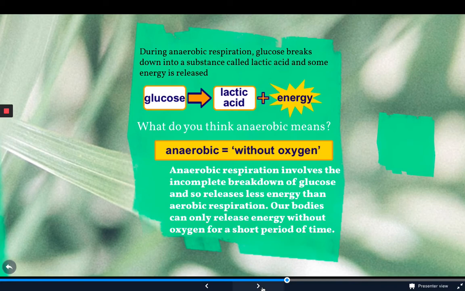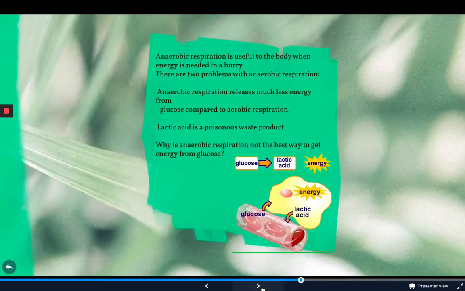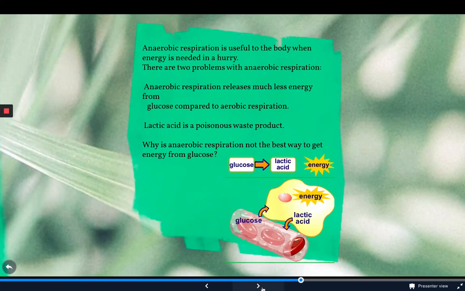What do you think anaerobic means? Anaerobic means without oxygen. Anaerobic respiration involves the incomplete breakdown of glucose and so releases less energy than aerobic respiration. Our bodies can only release energy without oxygen for a short period of time. Anaerobic respiration is useful to the body when energy is needed in a hurry.